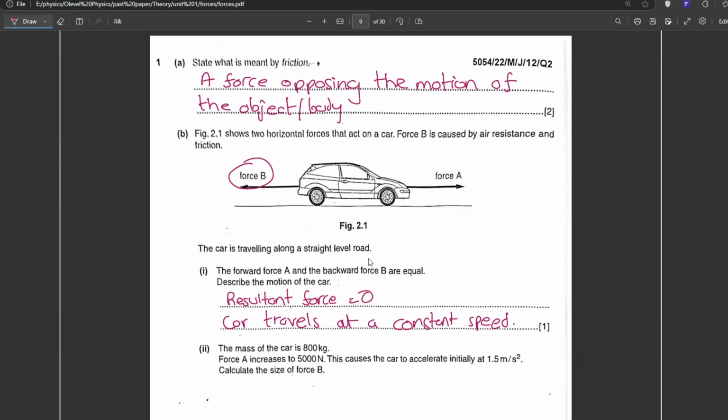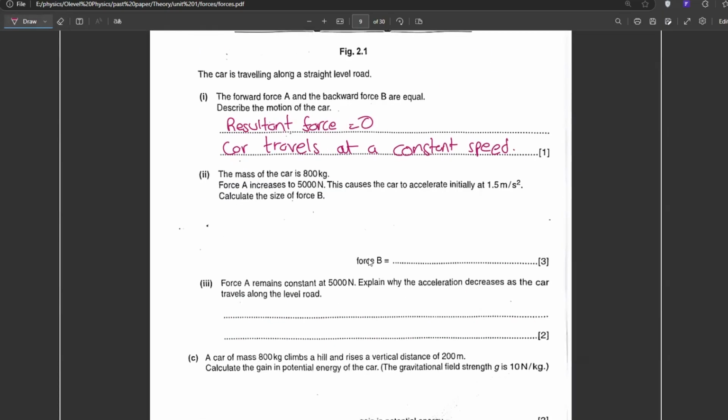Let's further move ahead. The mass of the car is this. Force A increases to 5000 Newton. This causes the car to accelerate initially at this value. Calculate the size of force B. If your acceleration is this and mass is this, can you calculate the resultant force? Yes, resultant force is equal to mass into acceleration. Mass is 800, acceleration is 1.5.